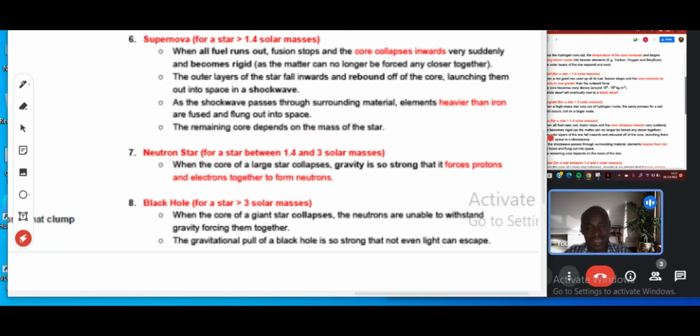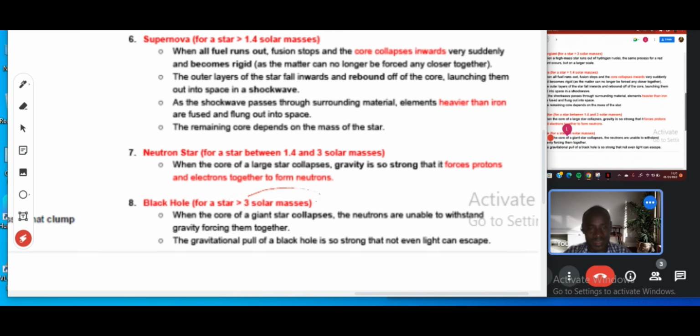And finally, if it is bigger than 3 times the solar mass, it forms a black hole. You've heard so much about black holes. Have you heard anything about black holes? It's another wonder in the world of science. Nothing can escape the black hole. Even light cannot escape a black hole.